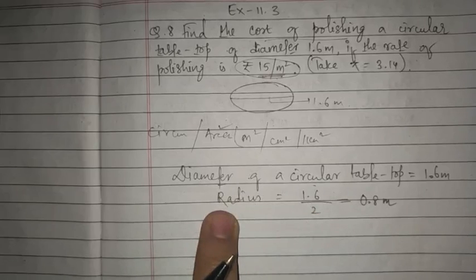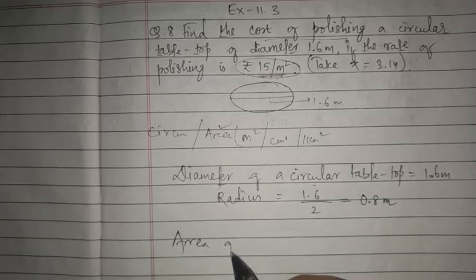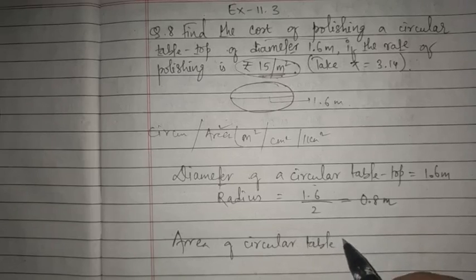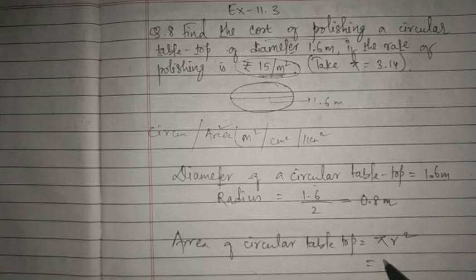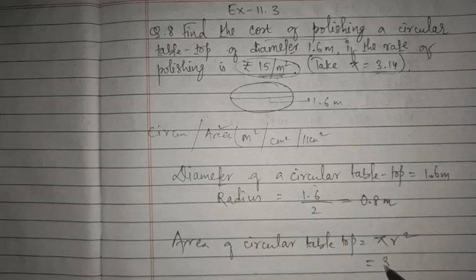Now you have to find the area. So area of circular tabletop is equal to pi r square. So what is the value given? 3.14, not 22 by 7. So be careful whenever you are using the pi value.